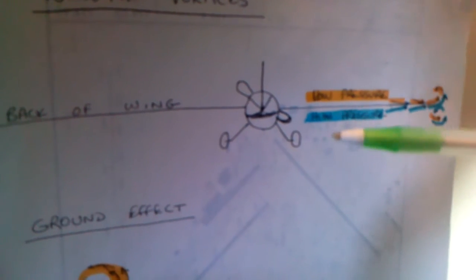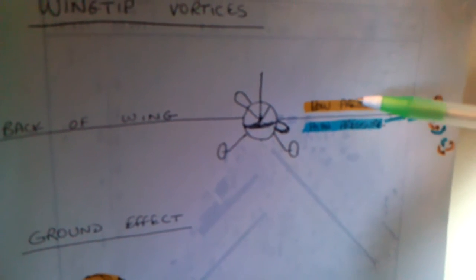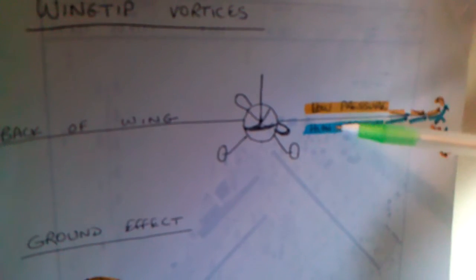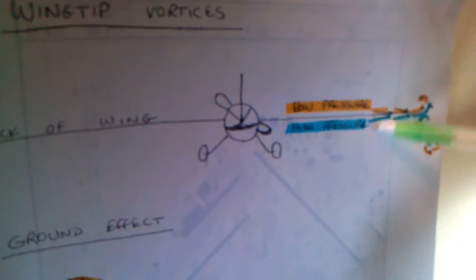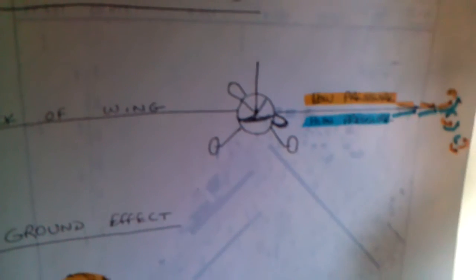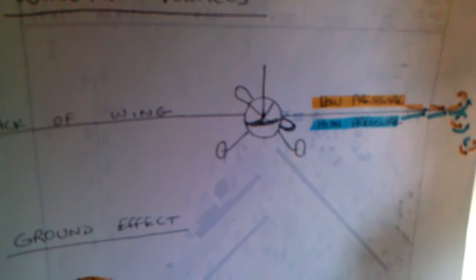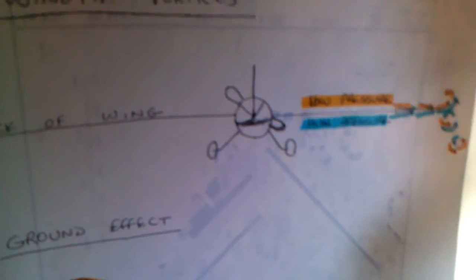So you have high pressure below the wing and low pressure above the wing, right? So your high pressure in blue here is going outwards towards the tip of the wing. Now earlier we were talking about how that high pressure tries to fill a void because pressure flows from high to low.